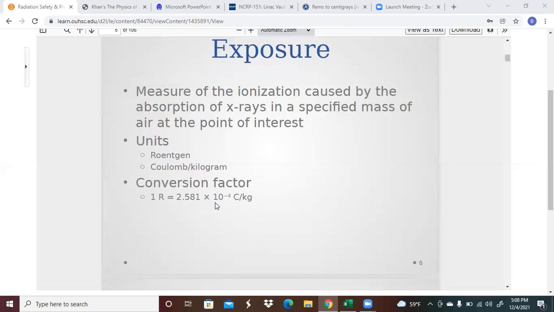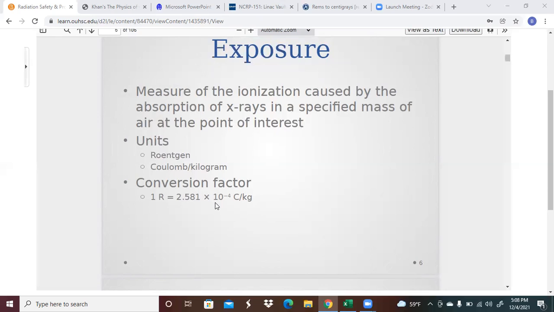Exposure is a measure of the ionization that is caused by absorption of X-rays in a specified mass of air at the point of interest. This is the kind of thing that we've been talking about in this chapter, and also in previous chapters.